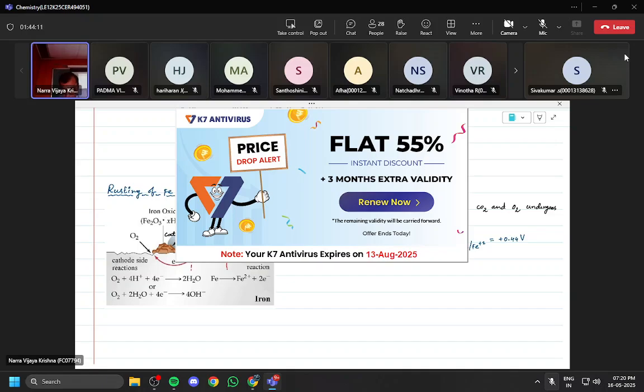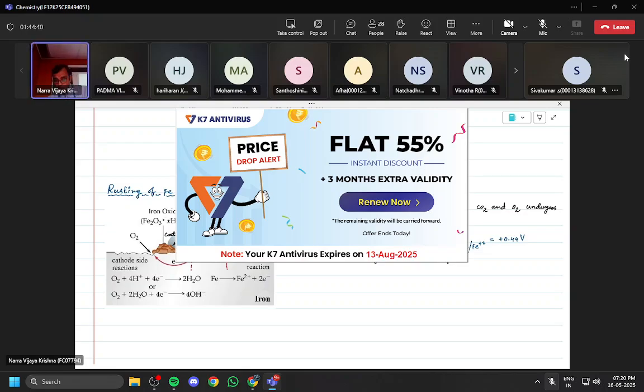So electrons lost here can be absorbed by either H plus or O2.